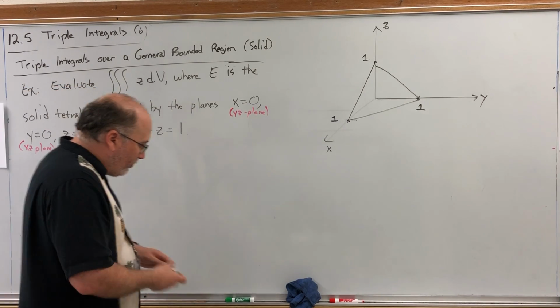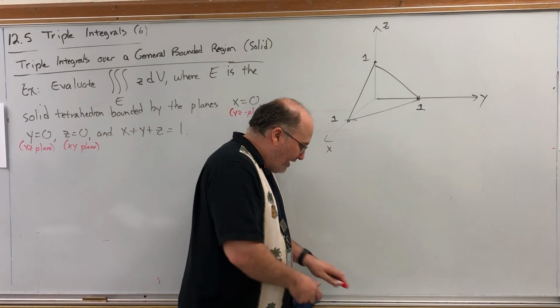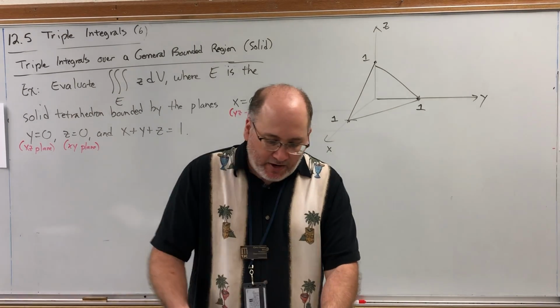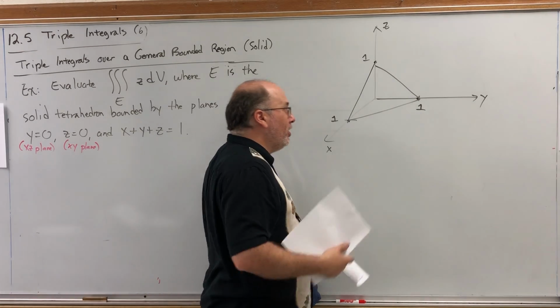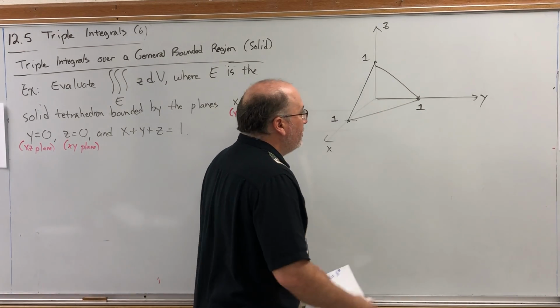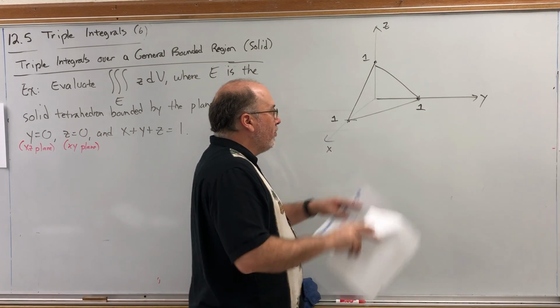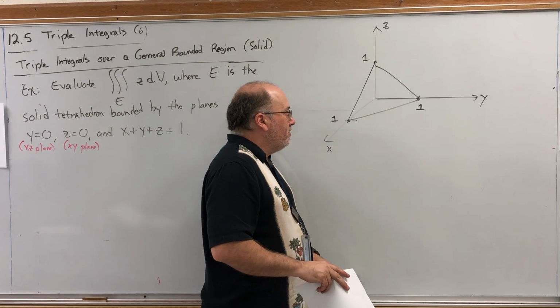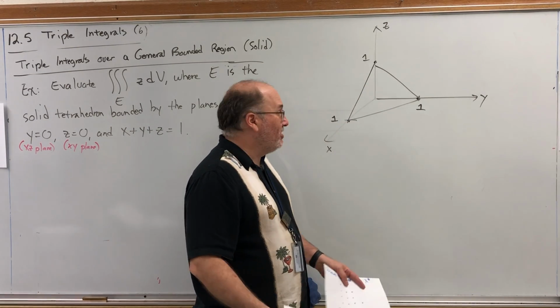If we're going to set up this triple integral, we have to decide, do we want to look at this as a type 1, type 2, or type 3 solid? In other words, do we want to look at this as something bounded above and below, so above by this plane, on the left and the right, so on the right by this plane, or from front to back, so from the front by this plane? In this case, all 3 of them would actually work.